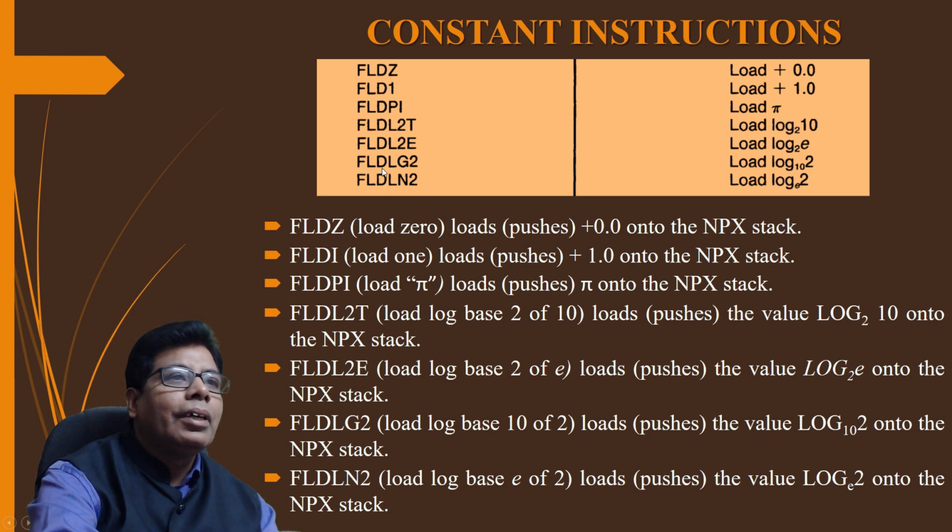Then FLDLG2, it will load log of 2 to the base 10. And FLDLN2, it will load log of 2 to the base E. So in this way, these instructions are for loading of the constants.